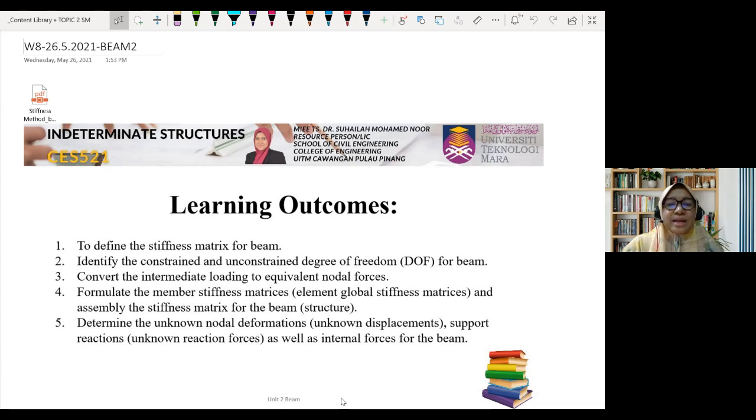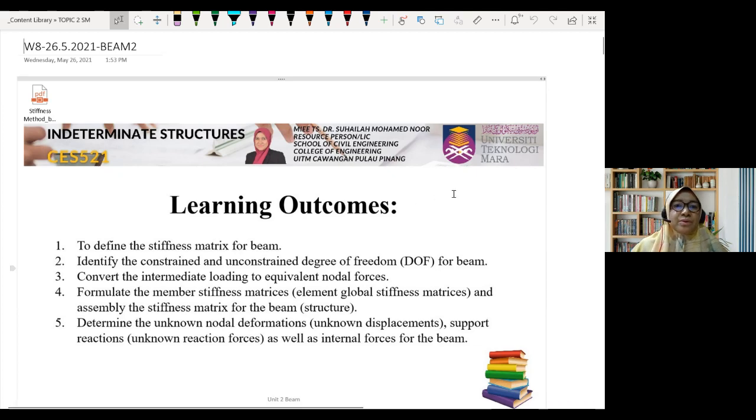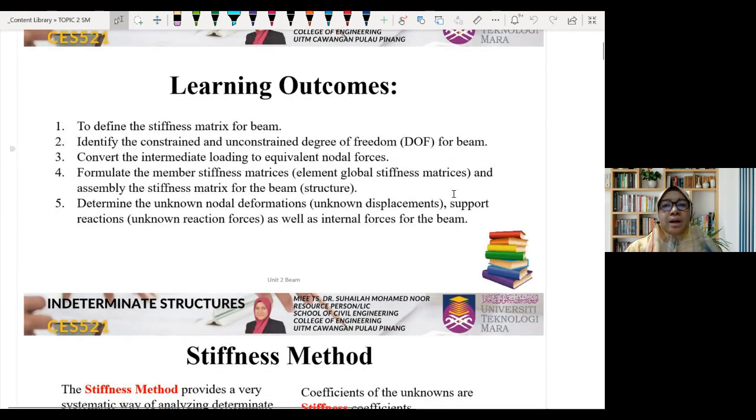Okay, class. Before we move further, let's revise the learning outcomes for analysis of beam using stiffness method. At the end of this session, you should be able to define the stiffness matrix for beam, identify the constrained and unconstrained degrees of freedom for beam, convert the intermediate loading to equivalent nodal forces, formulate the member stiffness matrices or element global stiffness matrices, and assemble the stiffness matrix for the beam structure.